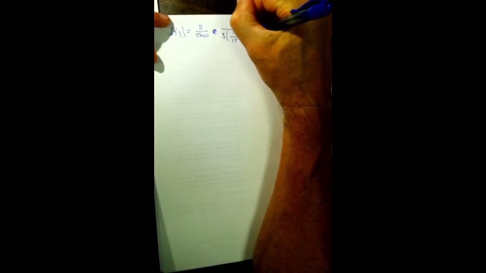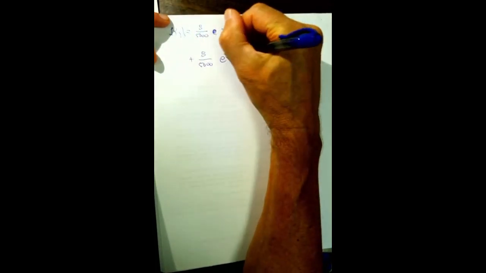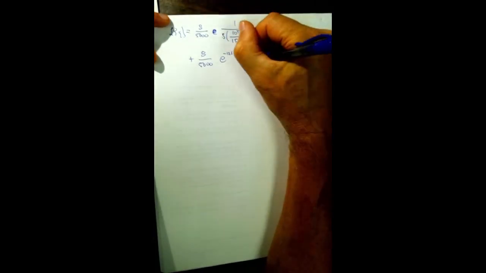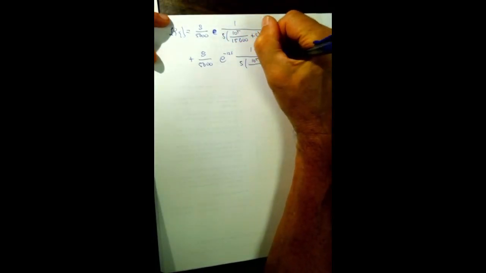Laplace transform of q is 8 over 5,000 times 1 over s. I'm going to have 10 to the 5th over 15,000 plus s, plus 8 over 5,000 e to the minus 12s, 1 over s times 10 to the 5th over 15.